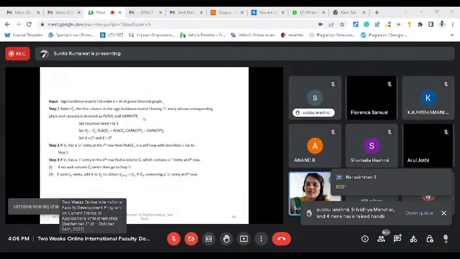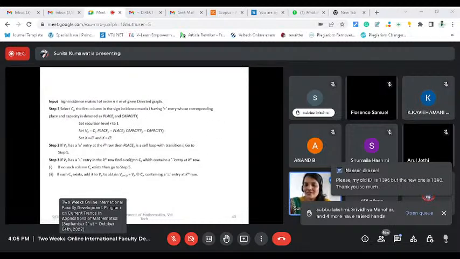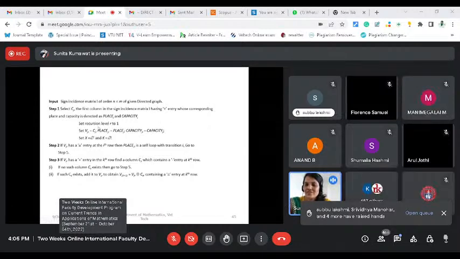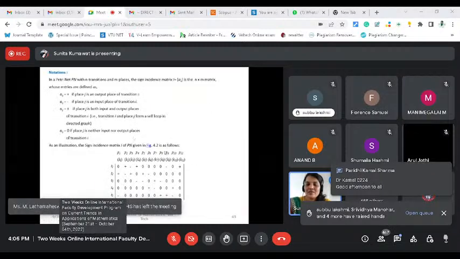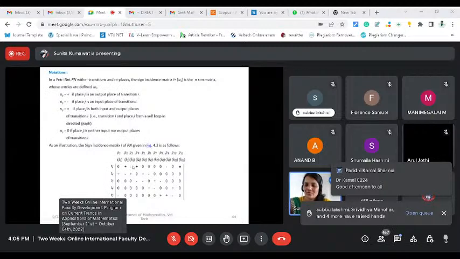Now what we have to do is neutralize that. The next procedure is that we try to neutralize this plus entry with a minus, so that the plus becomes plus minus. What is the significance of plus minus? Plus minus shows that the particular place now becomes an input place as well as an output place.